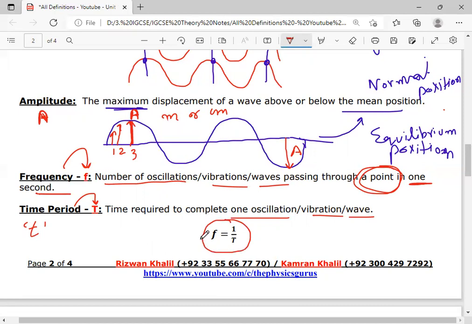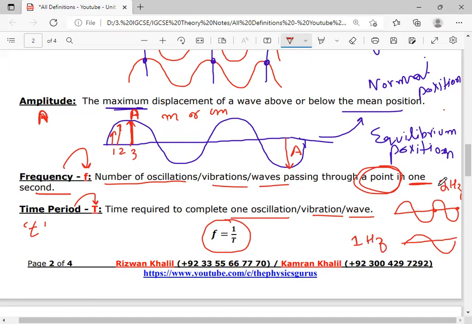What does it mean? The larger the frequency, the smaller the time period, and the smaller the frequency, the larger the time period. Let's suppose, what is the frequency? How many waves are there? There are 2 waves, so frequency is 2 hertz. And for this, there is only 1 wave, so frequency is 1 hertz.